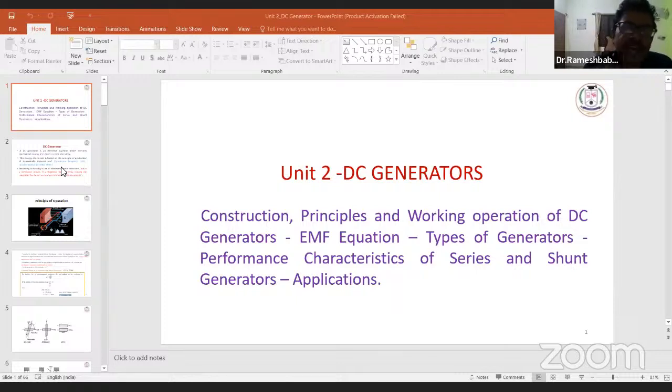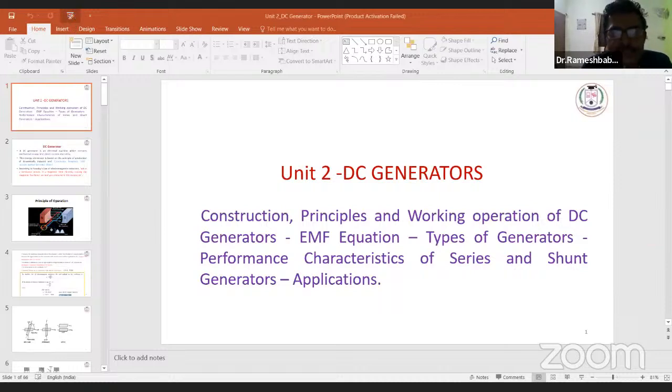Here we are dealing with the DC generator, so the output should be DC. It takes mechanical energy as input and provides DC power as output. This is what a generator is.